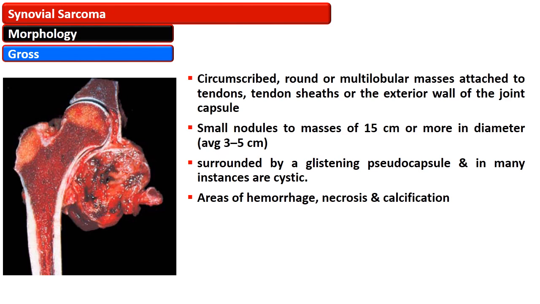The average size is about 3 to 5 centimeters. The tumor is surrounded by a glistening pseudocapsule, and in some instances it may become cystic in appearance. There may be areas of hemorrhage, necrosis and calcification.